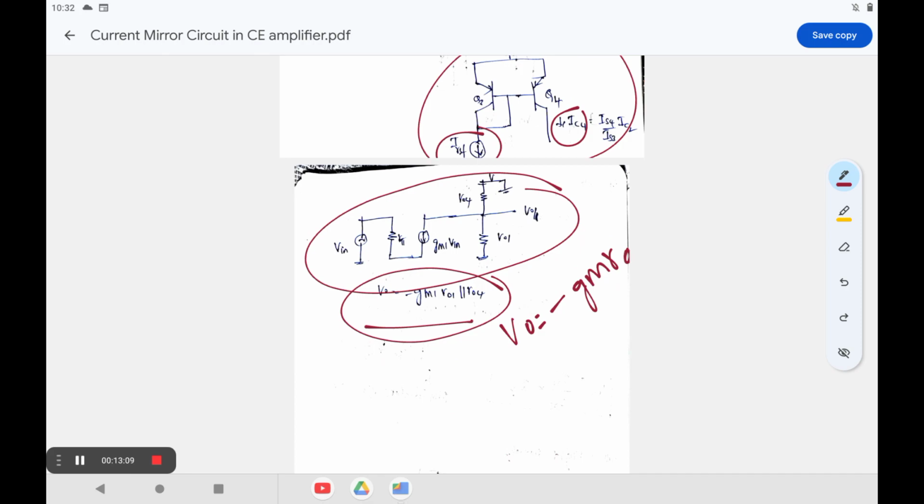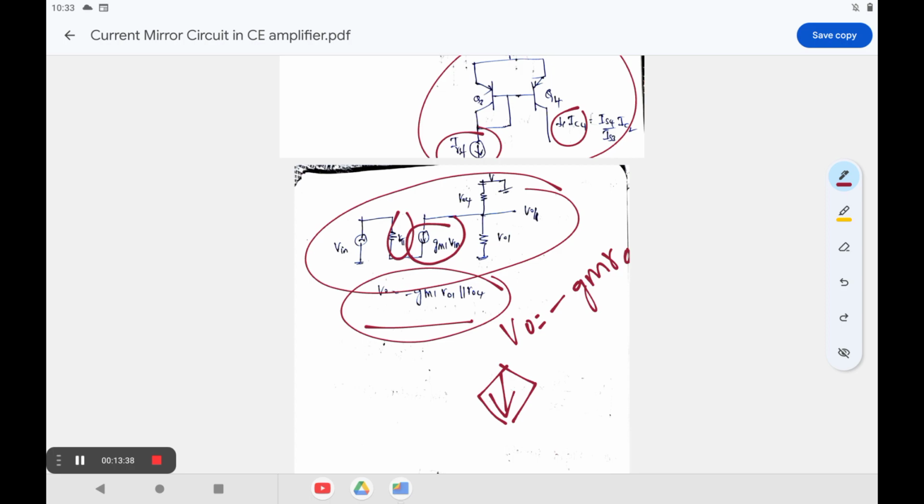Let us see, this is the pi model for this one. Here also Vi is the input signal, where R pi represents the input resistance. Gm into Vin represents a voltage controlled current source.